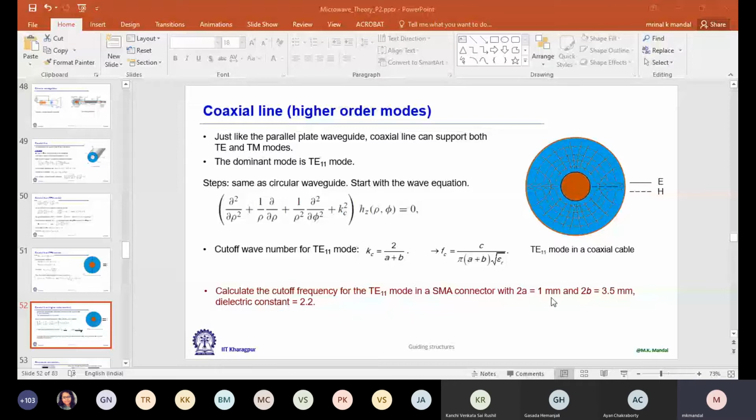Now calculate the cutoff frequency. Can you do it quickly? Many of you have calculated it on the laptop also. So can you do it quickly and tell me the value? Because this is interesting and you should remember this value. Any one of you, please do and report to me.